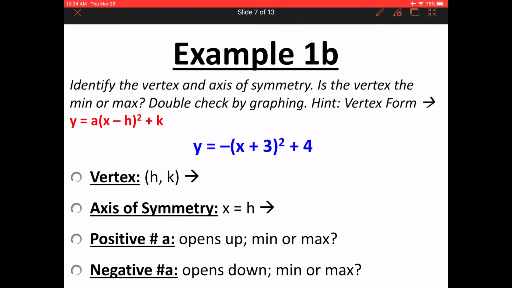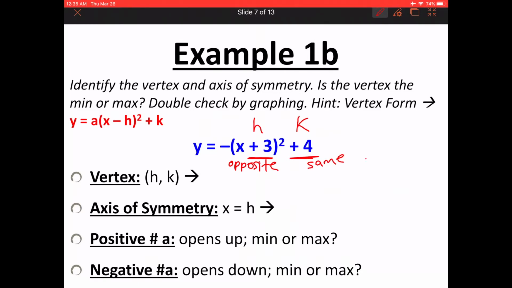Now for example 1b, we have a new equation, but we need to identify those same things, the vertex, the axis of symmetry, and telling me if the parabola opens up or down. So for h and k, notice here is my h, here is my k. For h, please remember that we always take the opposite, and for k, it stays the same.